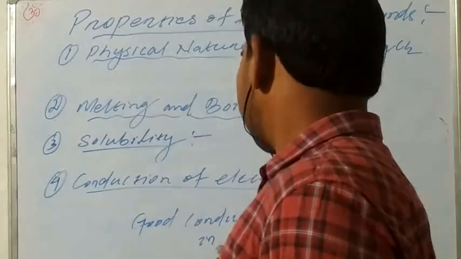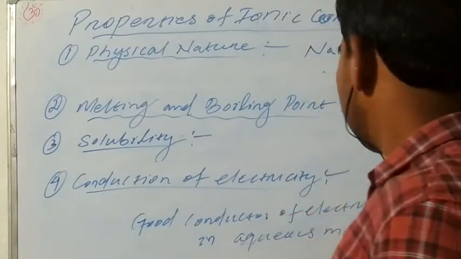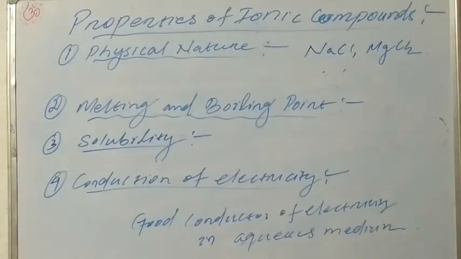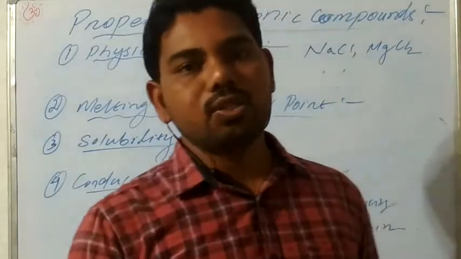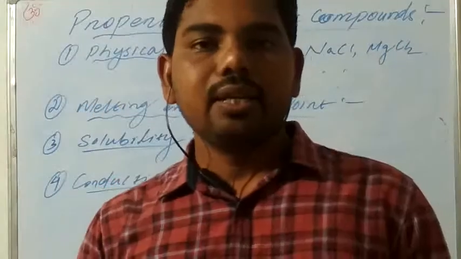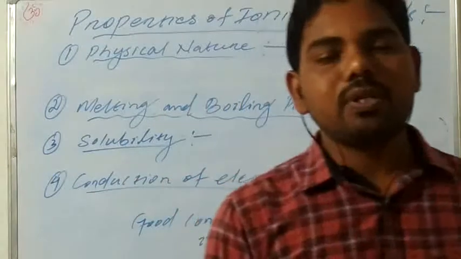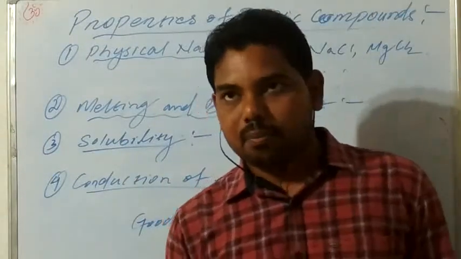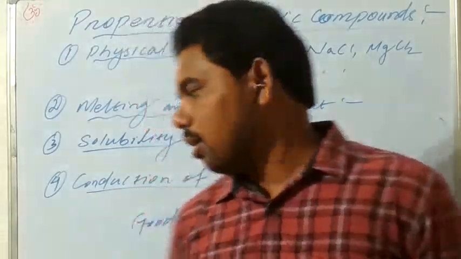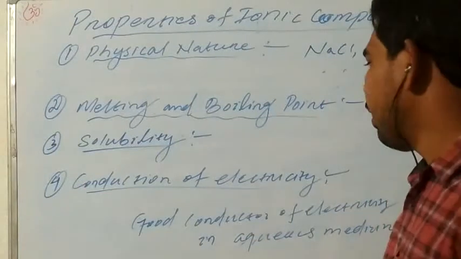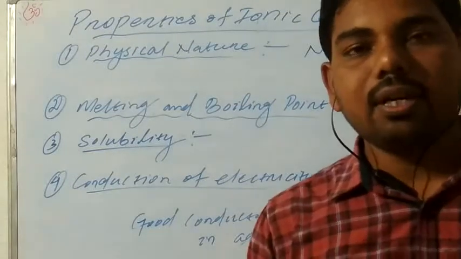What does aqueous medium mean? In water: when ionic compounds are dissolved in water, they are good conductors of electricity, but in the solid state they do not conduct electricity. Why do ionic compounds conduct electricity only in aqueous medium? This is the most important question, because in aqueous solution free ions are present and they move as charged particles. But in the solid state free ions are absent, so they cannot transfer charge. That's why ionic compounds conduct electricity in their molten state or aqueous solutions.